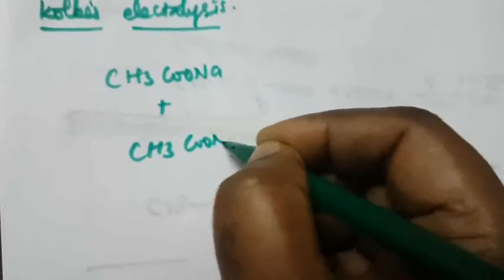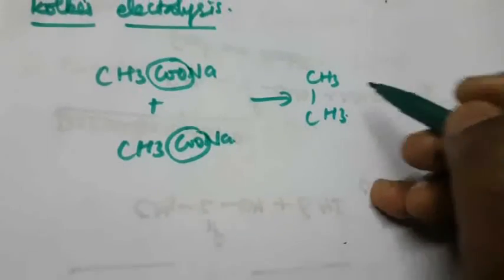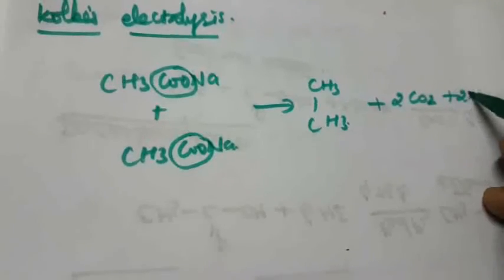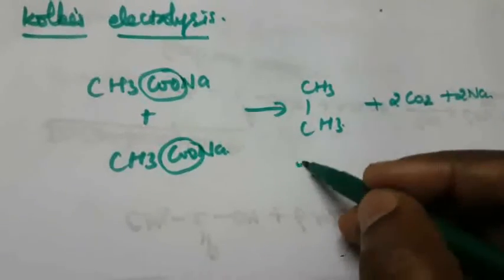Again 2 molecules of CH3COONa. So here this carbon dioxide will be removed, this is also removed, these two parts will be combined to give CH3CH3. On electrolysis it forms 2 molecules of carbon dioxide and 2 molecules of sodium. What is this compound name?